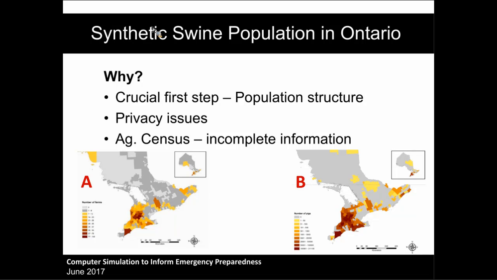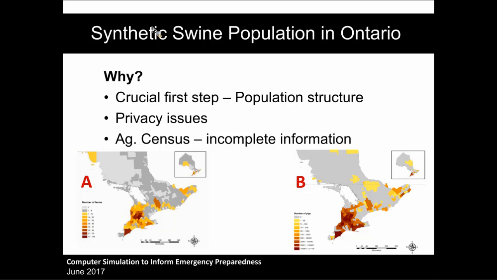Because of privacy issues, we did not have access to individual level farm data, their locations, farm size and production classes. So we came up with an approach to create a synthetic population that mimics, or is very close to, the actual population within Ontario.